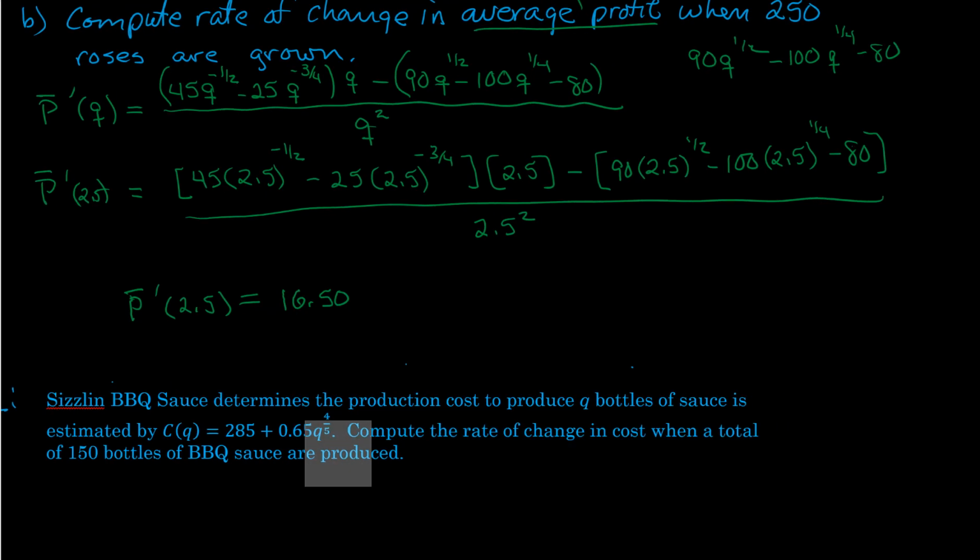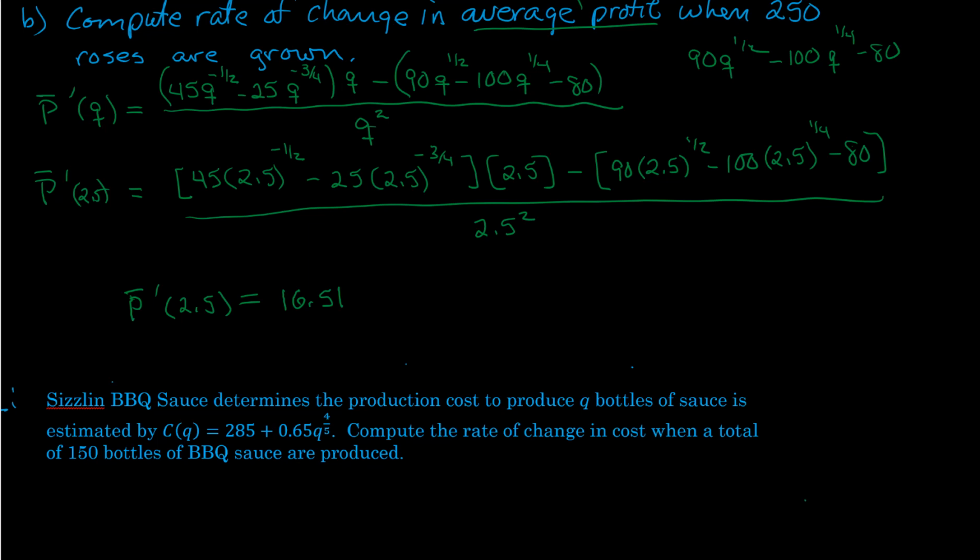Remember, we're talking in terms of dollars, so I'm going to round this to 1651. What this means is really important now, because getting a number like 1651 and not knowing what it's telling you about your business is a real problem, because you're not in a position to decide what we should do. Should we try to produce an extra 100 roses?